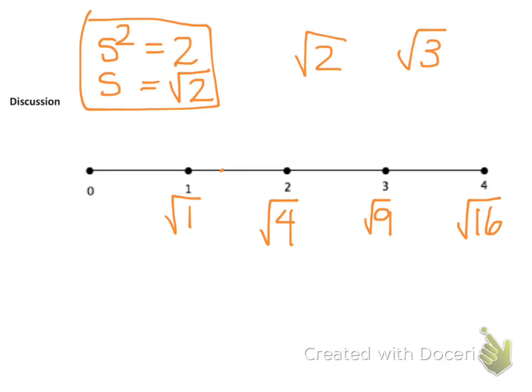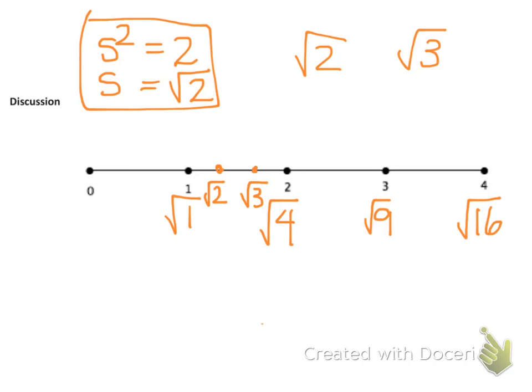Yeah, maybe you came up with something similar to this. It goes somewhere in here. Thereabouts. So square root of 2 would be less than the square root of 3, which would be less than the square root of 4.